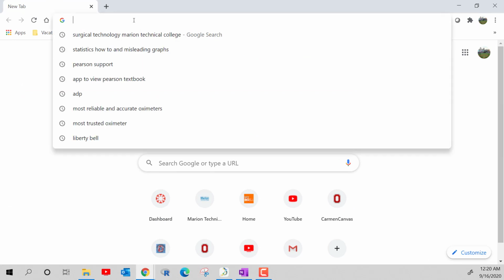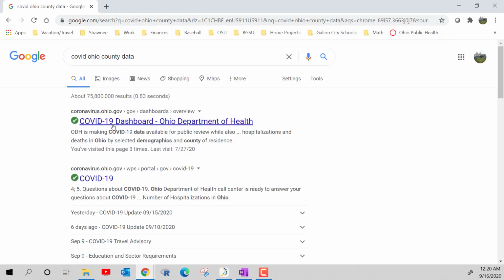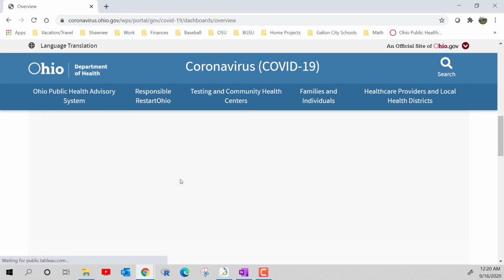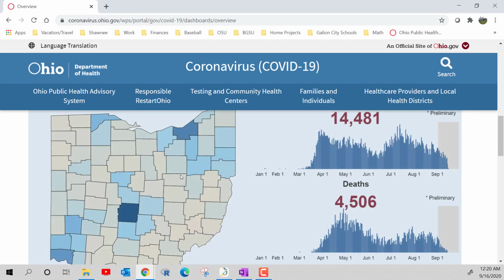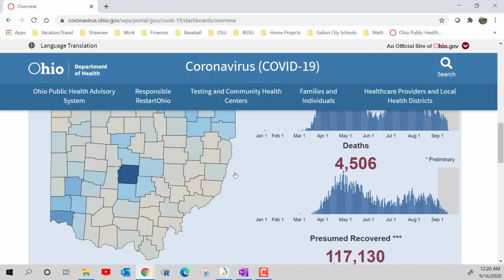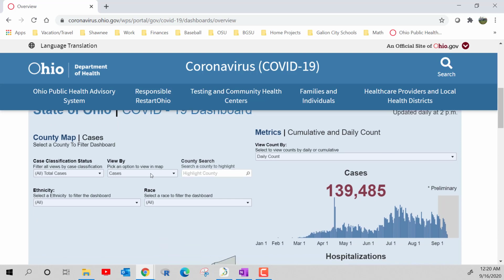So if I just search for the COVID Ohio county data, you can get the COVID-19 dashboard. And then if I pick a county, let's see.